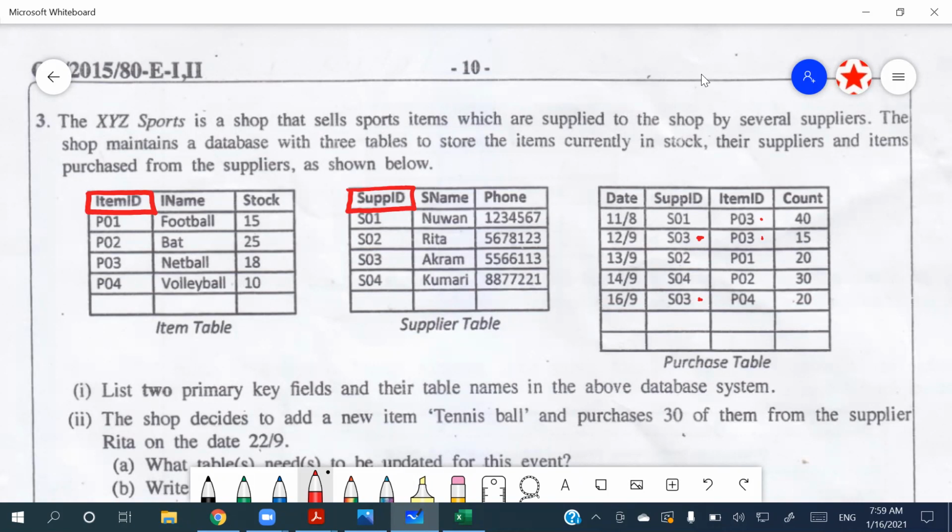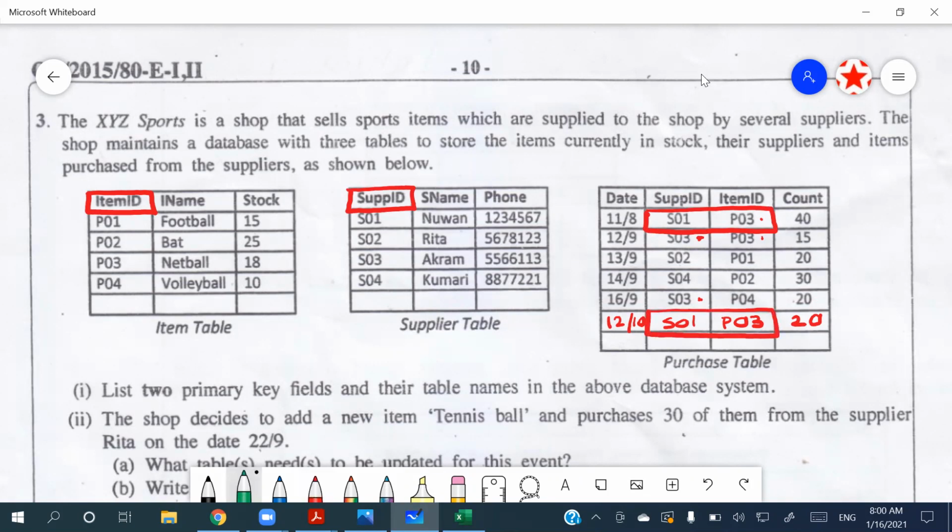Yes, now the thing is, even though we are seeing something unique regarding the supplier ID and item ID, if you think practically, this S01 supplier supplies the P03 item later on this date, so it is going to be recorded in this particular place. Then if you take these two, it's going to repeat, which is a very practical situation.